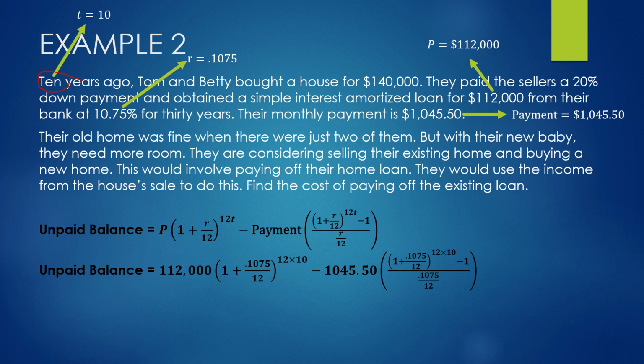Minus $1,045.50 times 1 plus 0.1075 over 12 raised to, again, 12 times 10, minus 1, over 0.1075 over 12. Just like last time, don't forget about putting the extra set of parentheses around the top here.